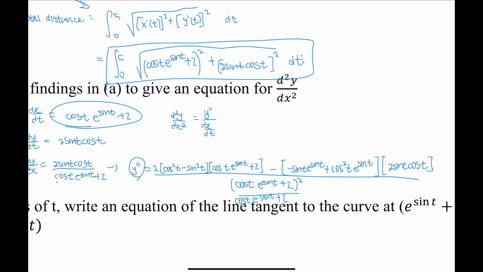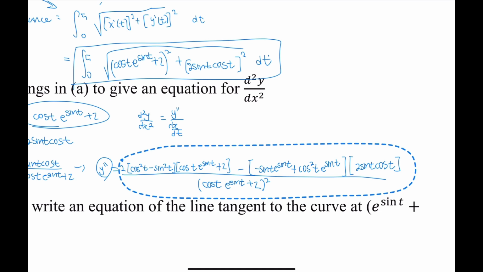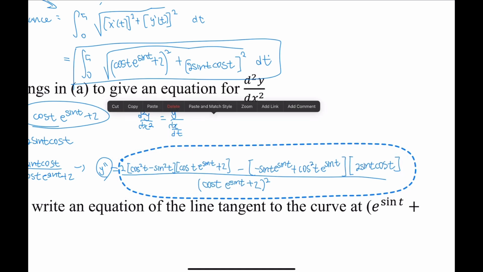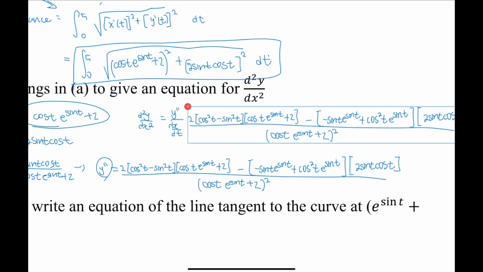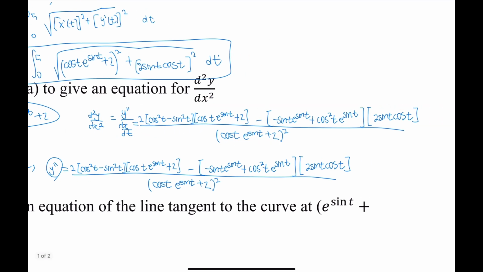But since we can try to simplify this, we're actually going to say that our d2y over dx2 is going to be this whole thing, except for the denominator being cosine t e to the sine t plus 2 to the power of 3. Yeah, this was pretty complex, but this is it for d2y over dx2.